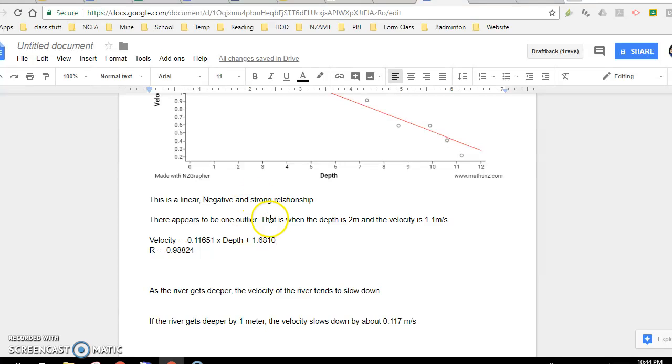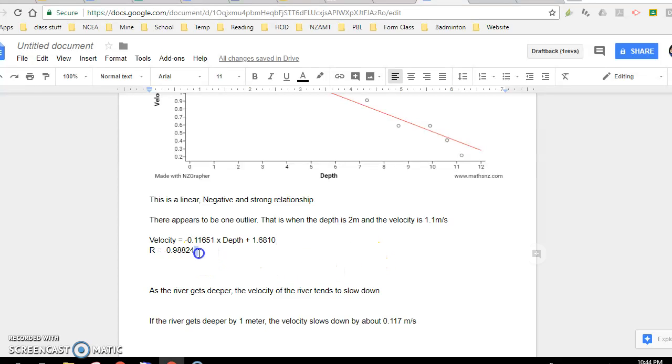But that doesn't make sense in this case because if the depth was 0, then there'd be no water flowing. That's just silly. So you have to make a judgment call whether you use that number. With that number, you're basically looking at whatever your explanatory variable is, in this case depth, if that was 0, that's what that could be.